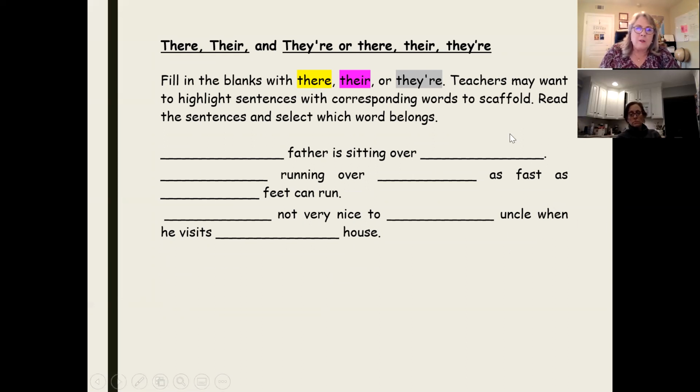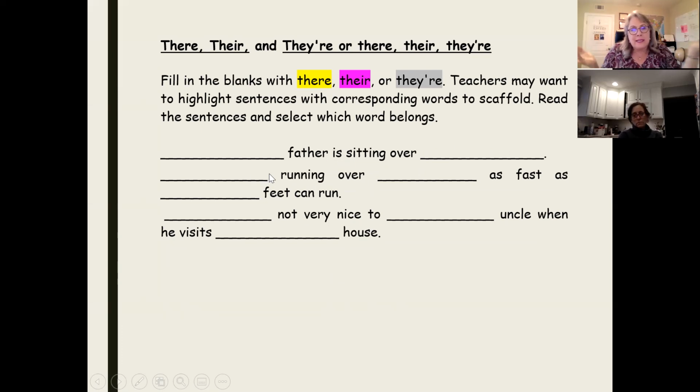I would even let the students write in the highlighter color, their father, so it has to be ownership. It's going to be the purple one. Is sitting over there, that's a location, so they're going to use the word that's with the yellow. We always want to scaffold with colors and give explicit instruction because that's part of the Orton-Gillingham model, having that explicit instruction.